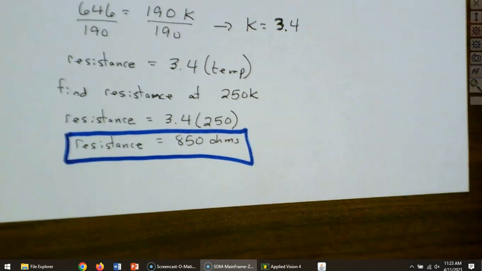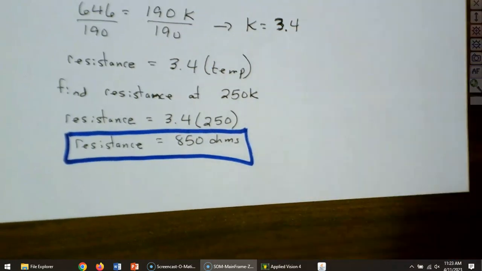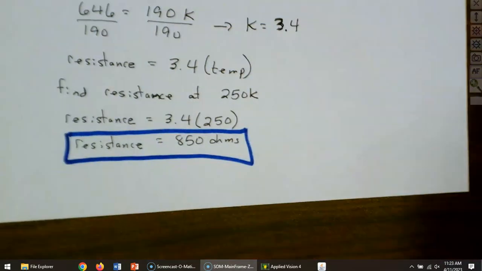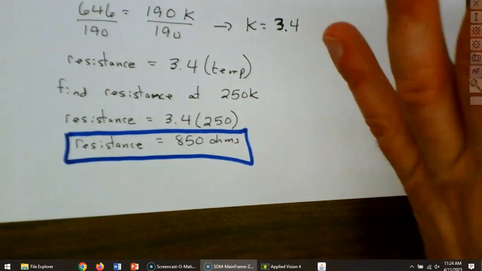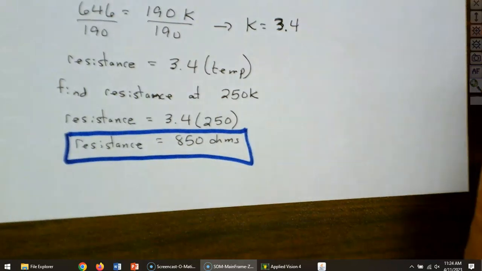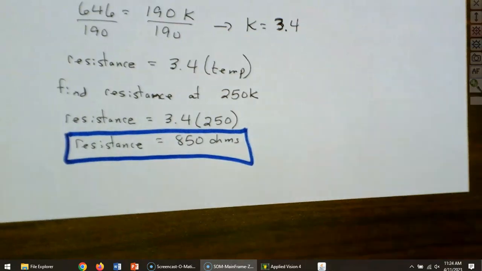But Kelvin is used a lot in physics and your physical science classes. It goes back to the fact that 0 degrees Kelvin is absolute zero. No movement at all. So it's different than the Celsius temperature and the Fahrenheit temperature. It's a new temperature. But whenever you see that K, that means degrees in Kelvin.